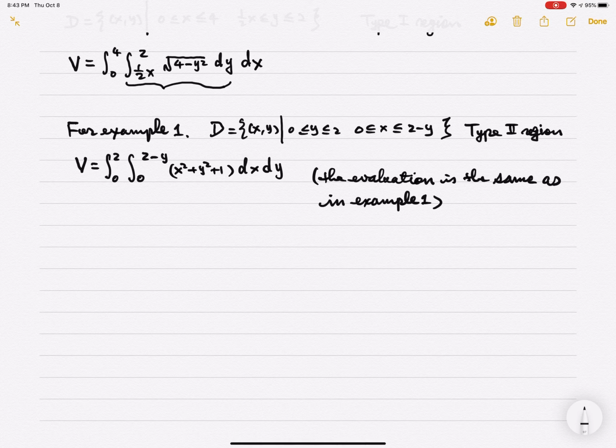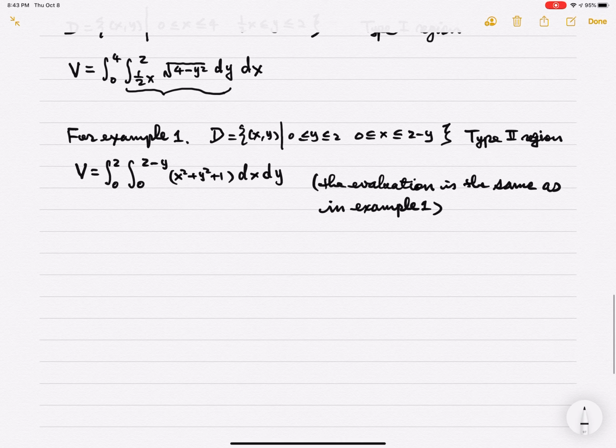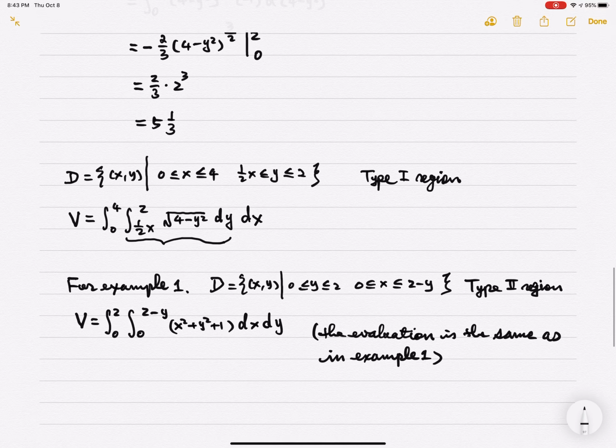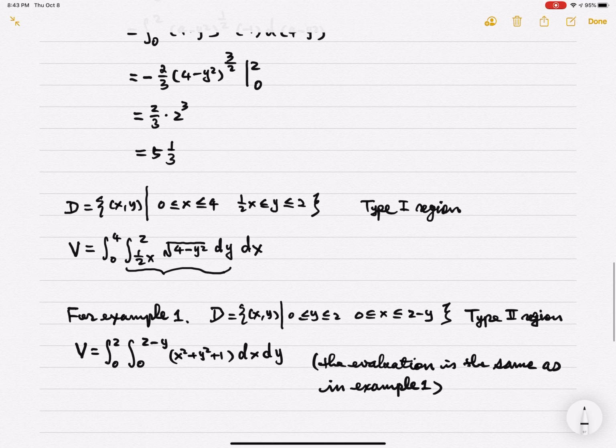So you can see from example 1, we can use either a type 1 region or a type 2 region, and the integration is almost the same. But example 2 is different. If you change to a type 1 region, the integration is much harder.